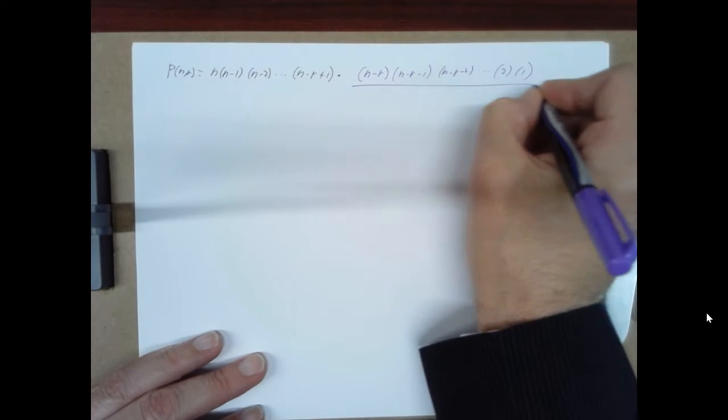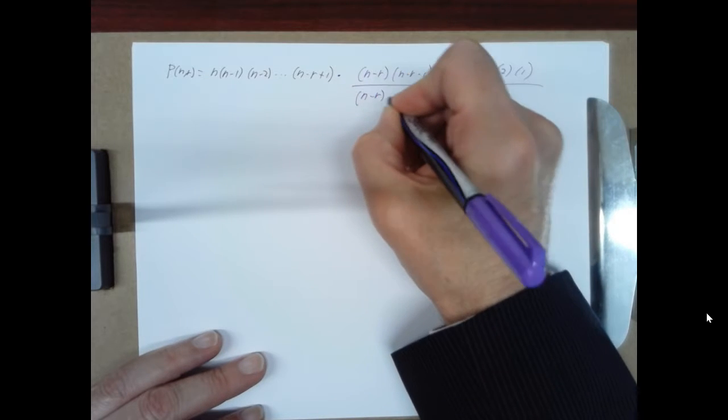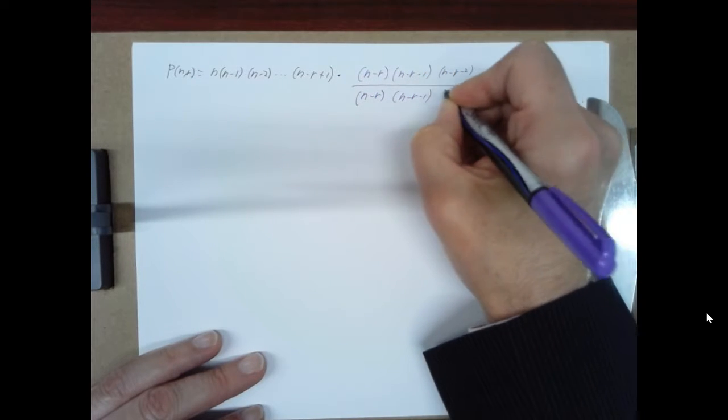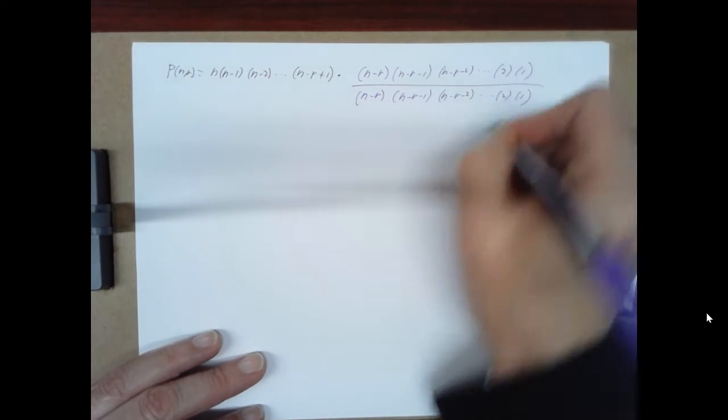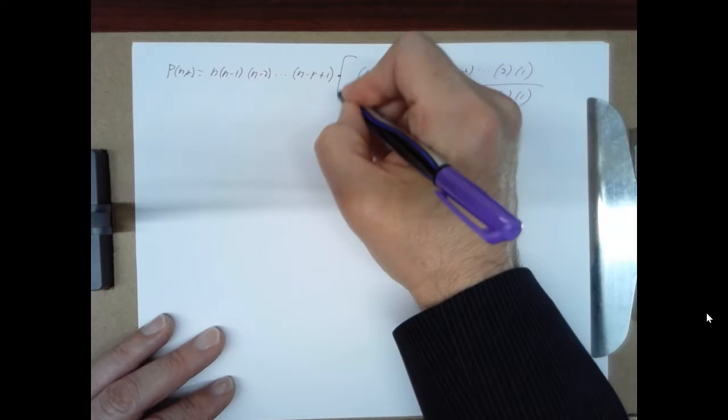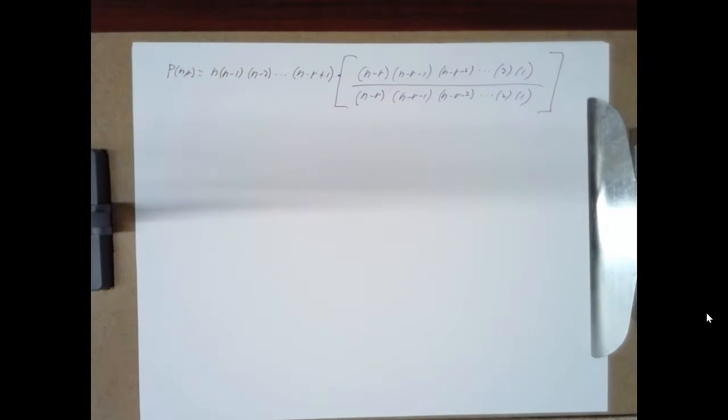And I'm going to divide by the same thing. So I've just multiplied our number of r permutations by 1. So I haven't changed anything.